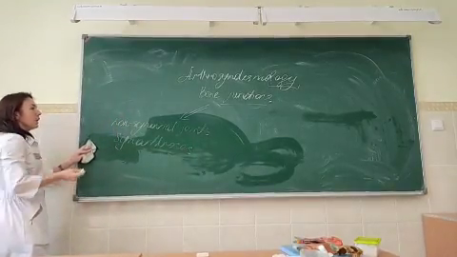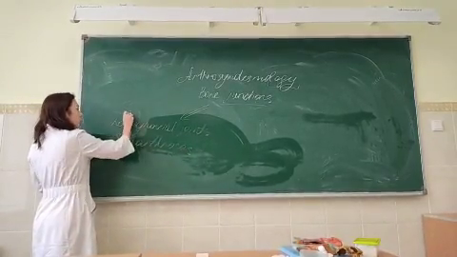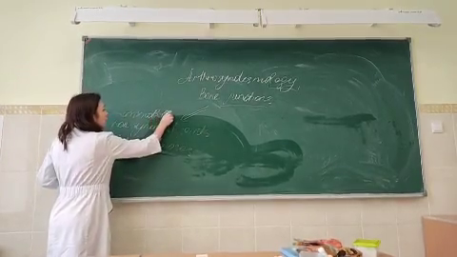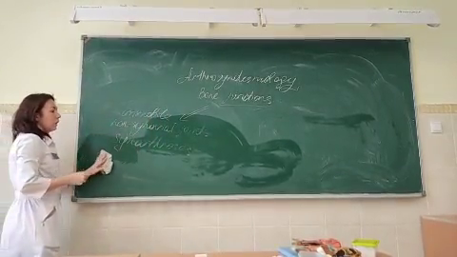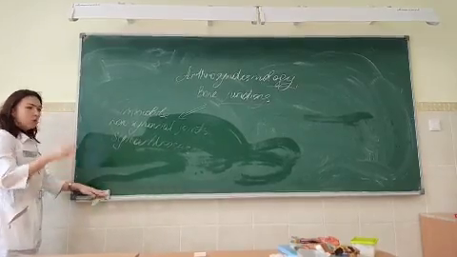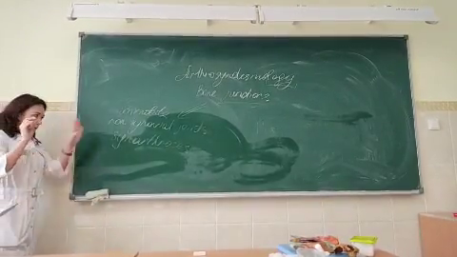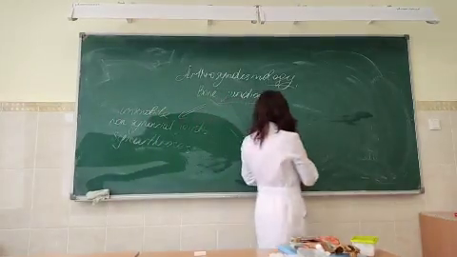Or we can also name them immobile joints. It is a more ancient type of joints. During evolution, they appeared earlier than the other type. Later we'll talk about it.